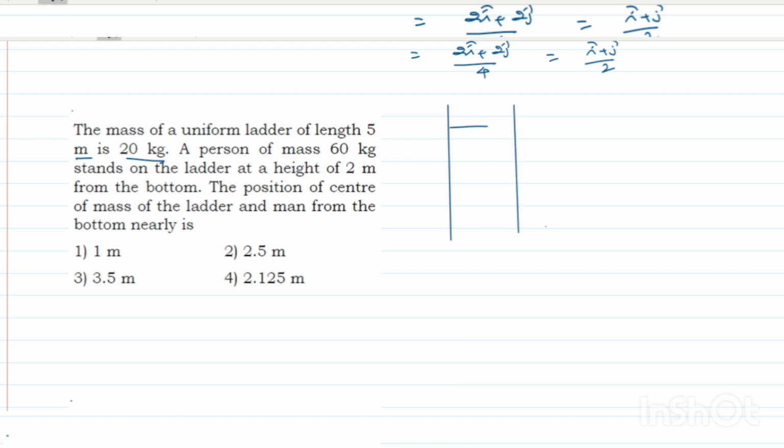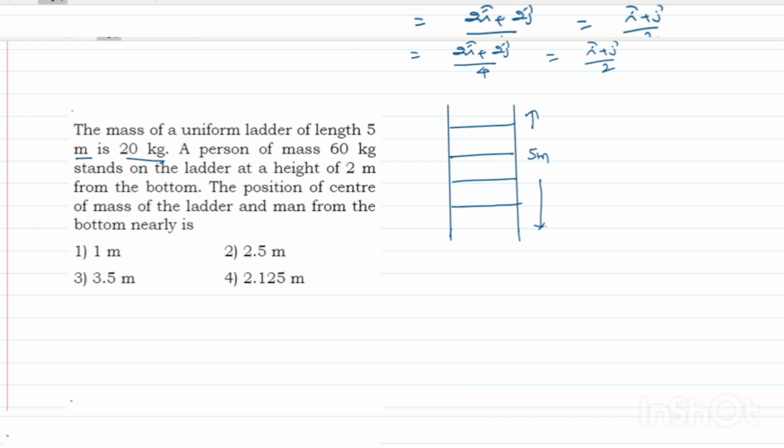Look, students, the total length of the ladder is 5 meter, and its mass is 20 kg.